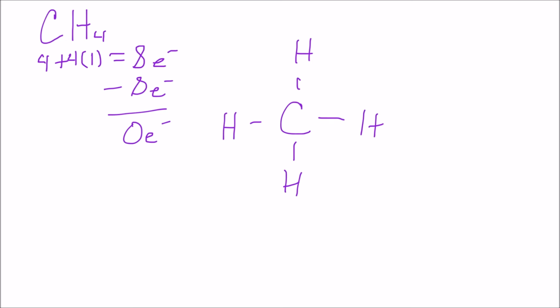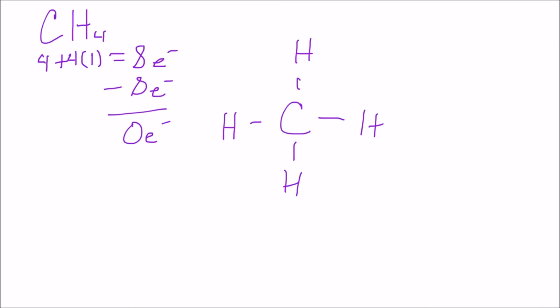Hydrogen doesn't want 8. It wants 2. Okay? Now remember, these are covalent bonds. They're sharing those electrons. So carbon gets to feel like it has all of these electrons, and hydrogen gets to feel like it has all of these electrons. So every hydrogen has 2 electrons around it. Okay? So this molecule is happy.